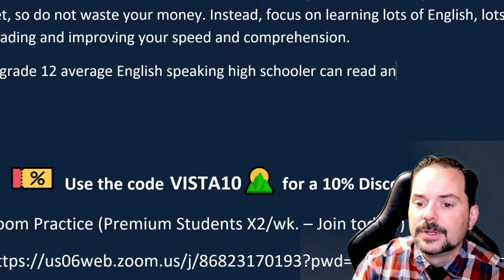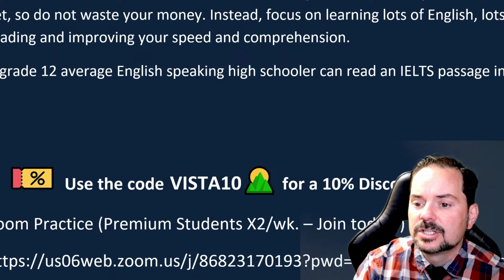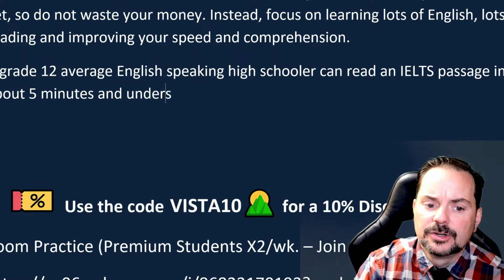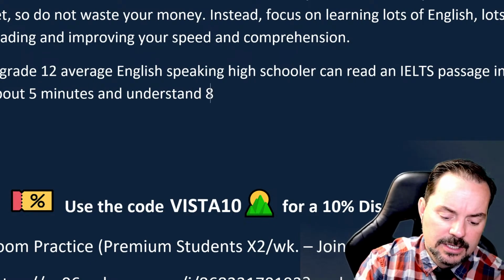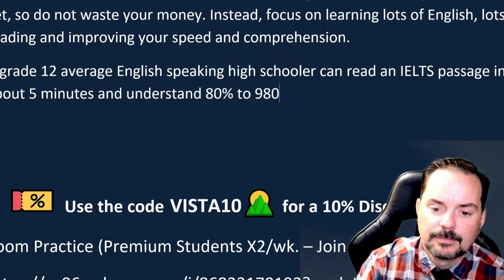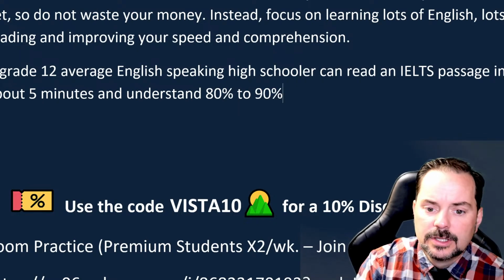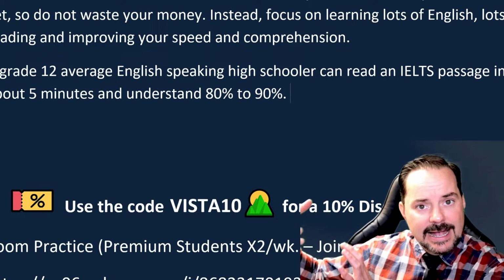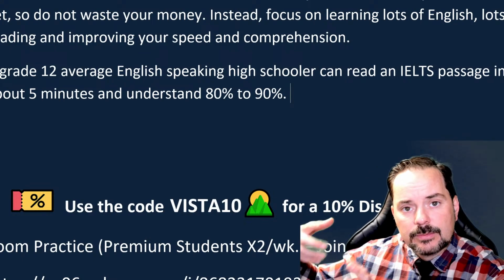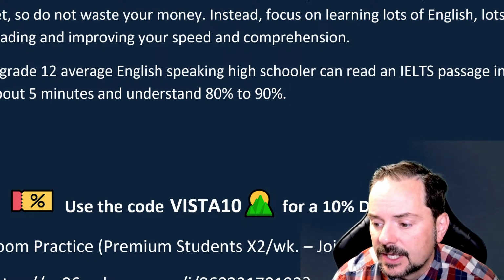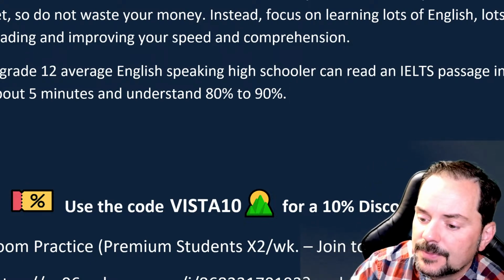They can read an IELTS passage in about 5 minutes and understand 80 to 90%. Okay, so that's the reality of it, and that's who you're matched with because they're also getting ready for their bachelor's university program, right? So that's what you have to think about. All right.